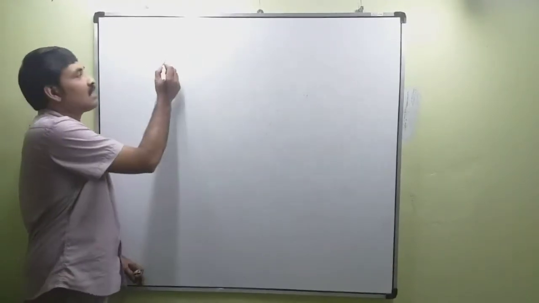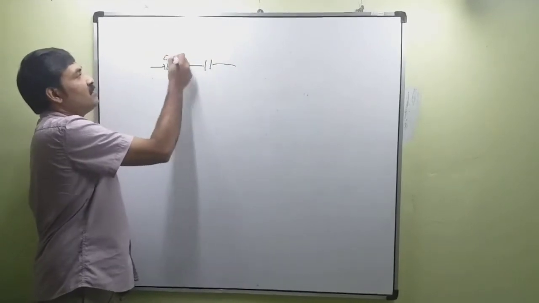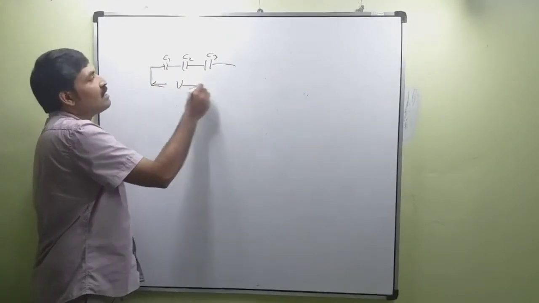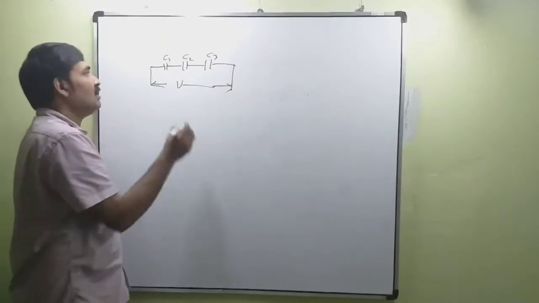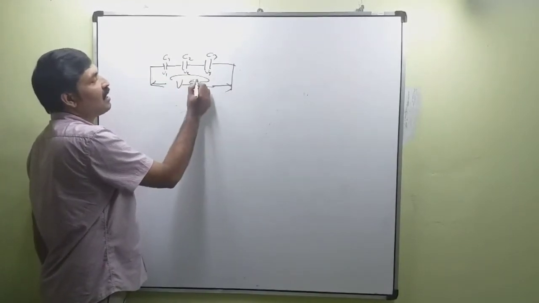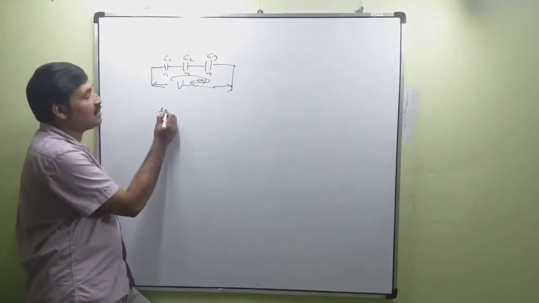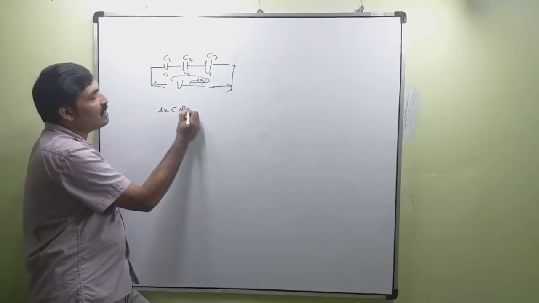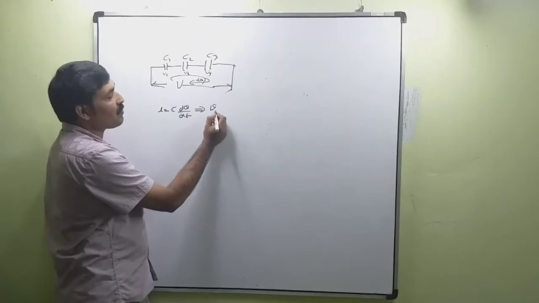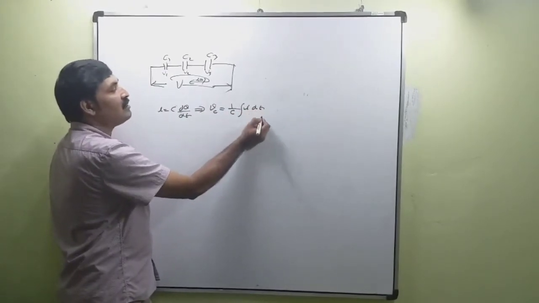Okay, consider capacitances in series. 3 capacitors C1, C2, C3 are connected in series. Let the voltage V be applied across the terminals. Let these voltages be V1, V2 and V3 and the current be I. Now we know that current through a capacitor I is equal to C dV by dt, or we can write the voltage across the capacitor is equal to 1 by C integral I dt.